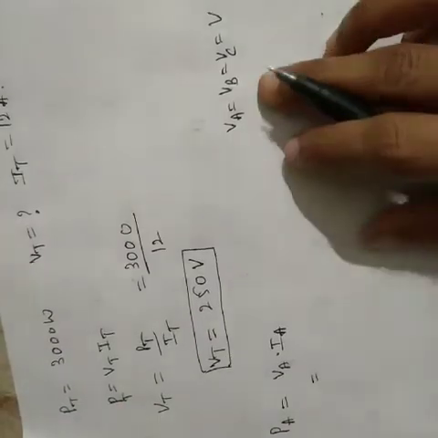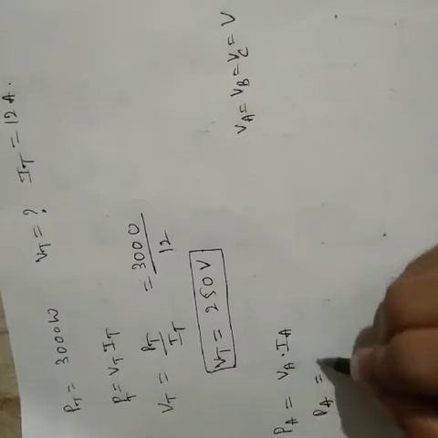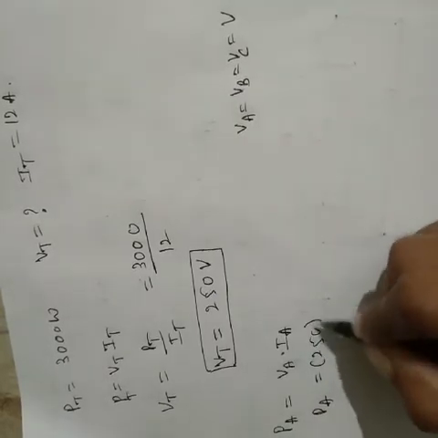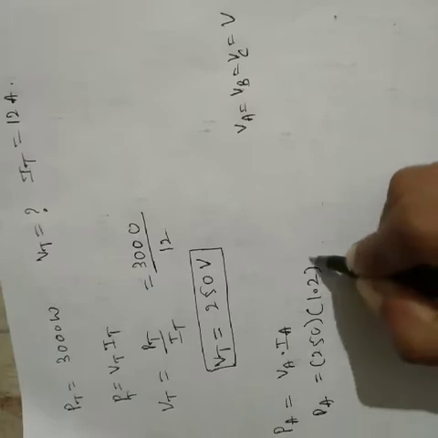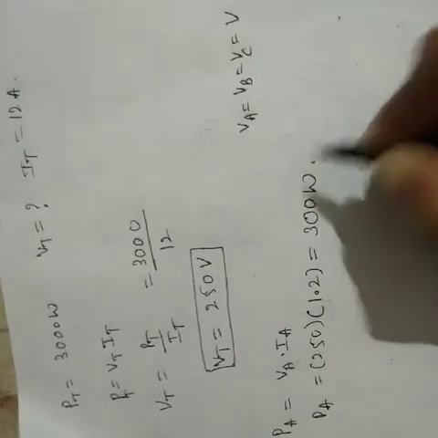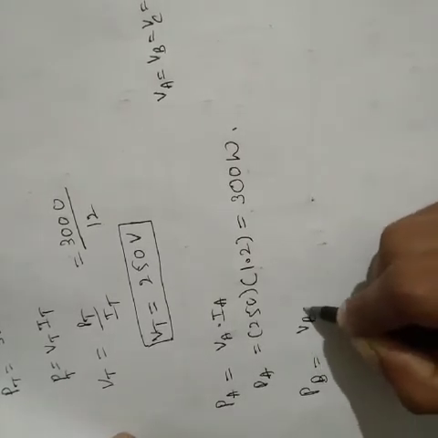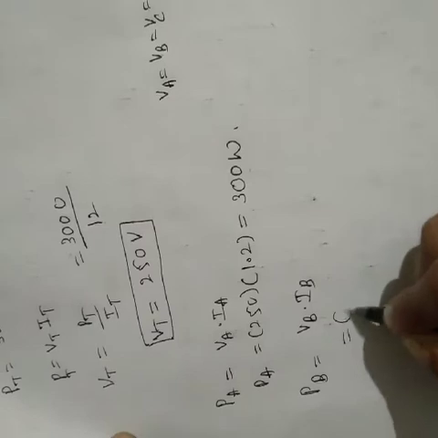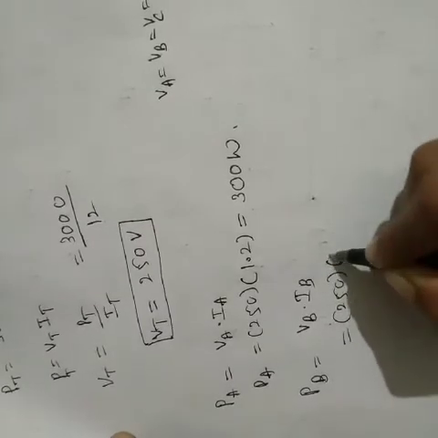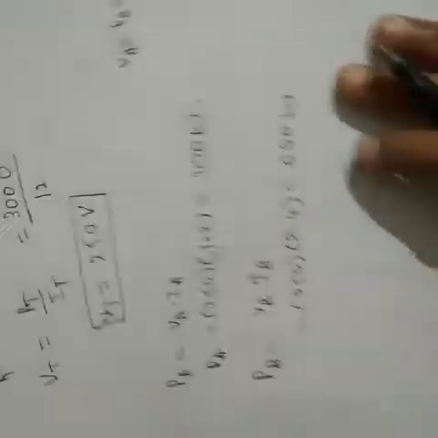In a parallel circuit, the voltage is the same. Therefore, the power consumption in A: VA is 250, IA is 1.2. 250 into 1.2, you are getting 300 watts. Then power consumption in B resistor, VB into IB. VB is 250, IB is 2.4, which is equal to 600 watts.